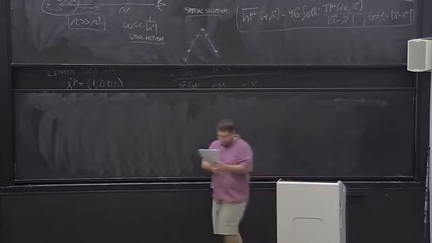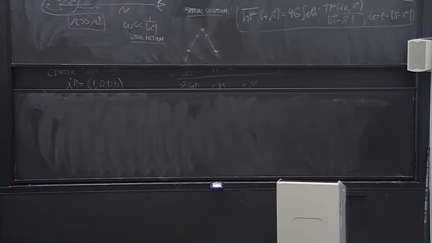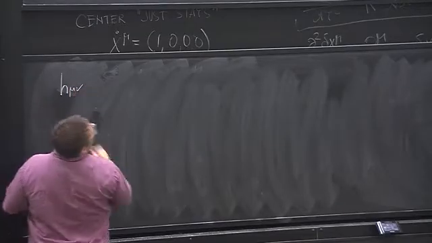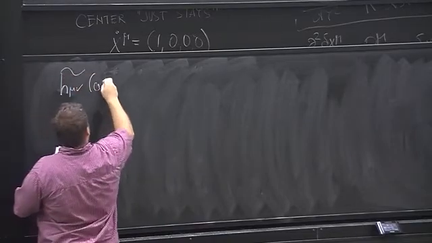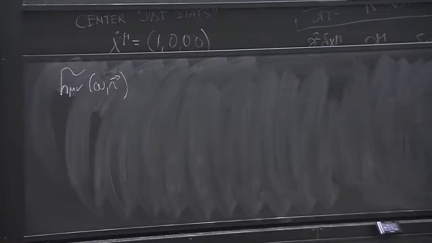All right, so what I will do is look at the Fourier transform of that solution in the t direction. So I'll be replacing t with the frequency omega. Then you have h mu nu of omega and r, which is just the Fourier transform of that h mu nu bar.